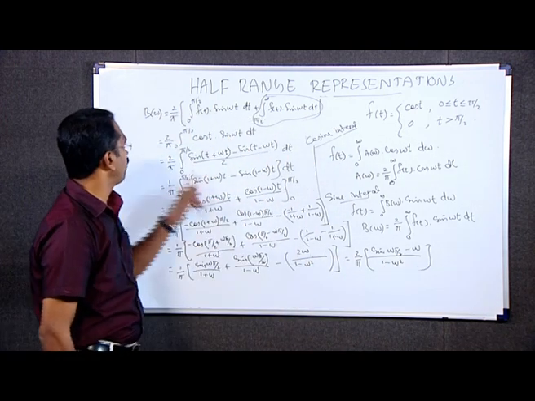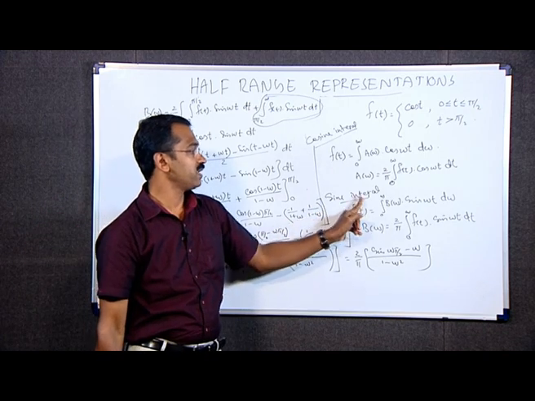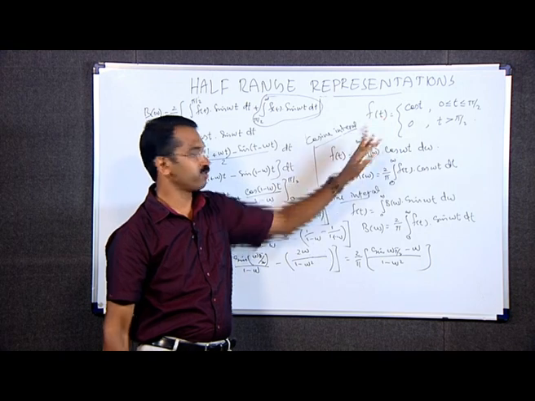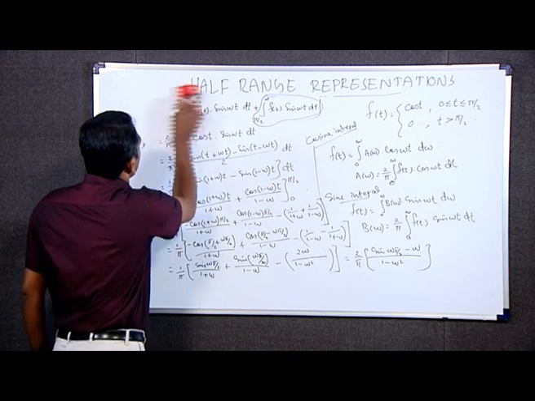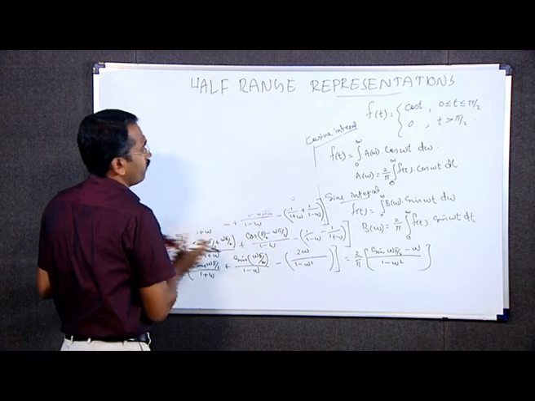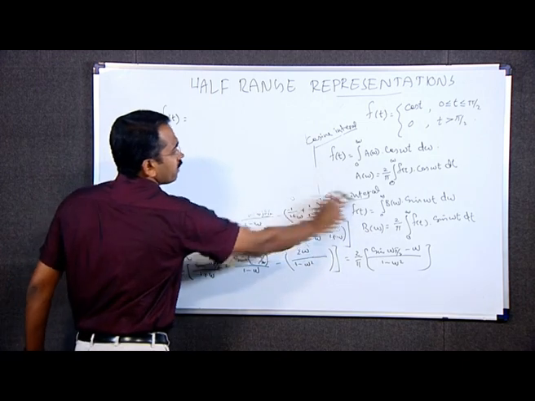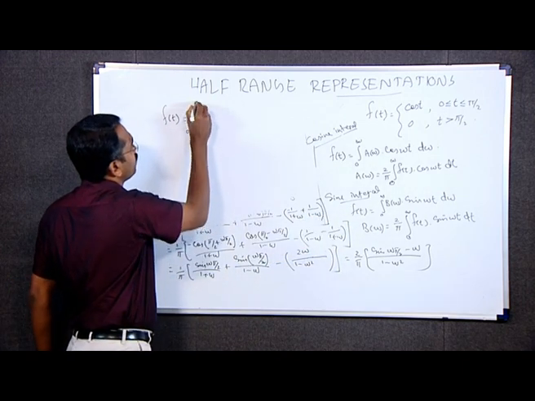This is the value of b omega, and therefore, the required Fourier sine integral representation of the given function is f of t equal to the integral from 0 to infinity.